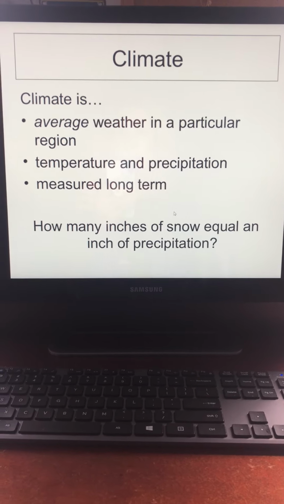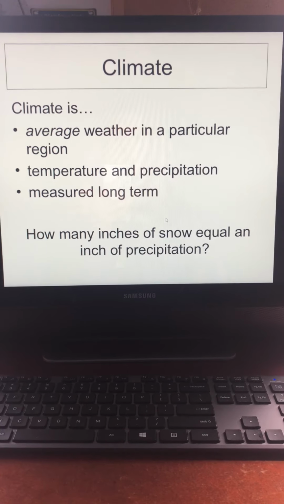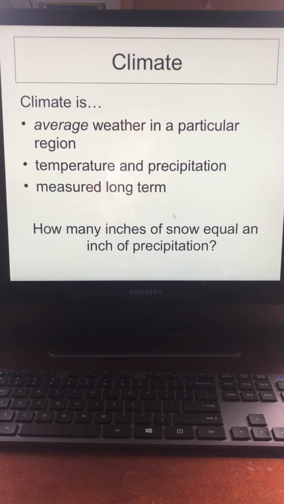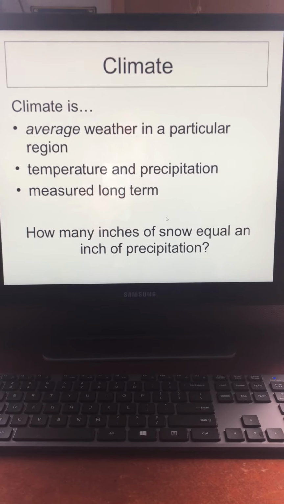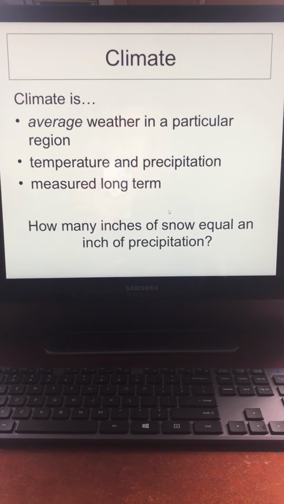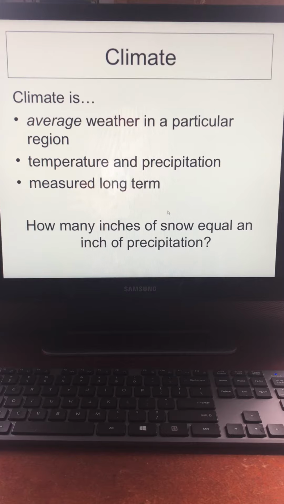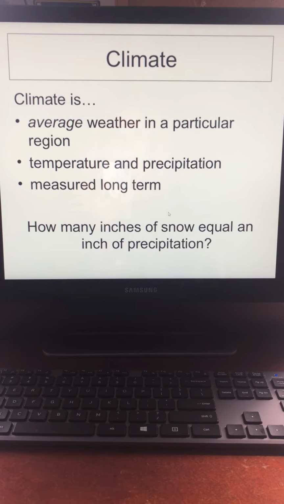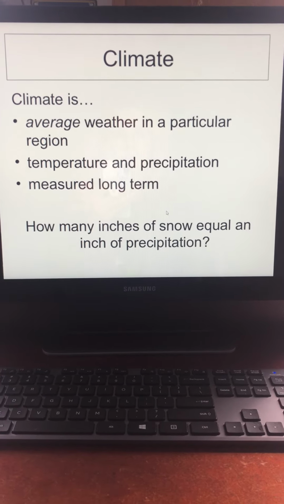Well, you could find who has the most sunshine, who has the warmer temperatures, if you like that, who has the least precipitation. Maybe you love the rain or the snow. So then you find the area on the map that has the most precipitation and the most snow, and then you would maybe move to that area.